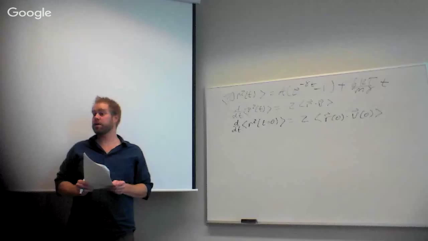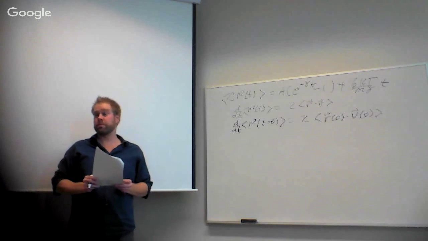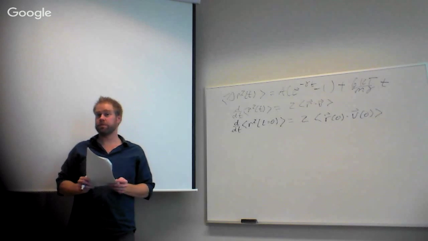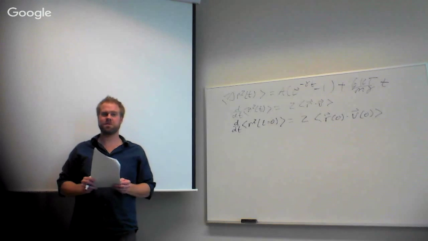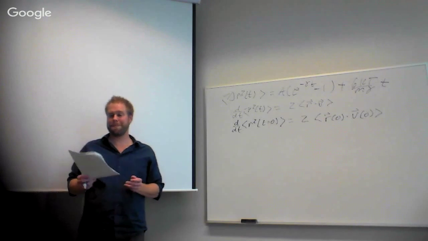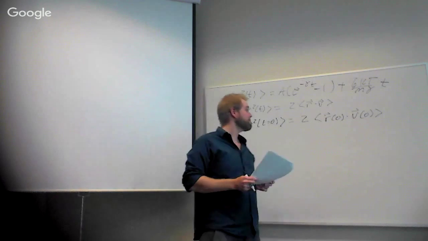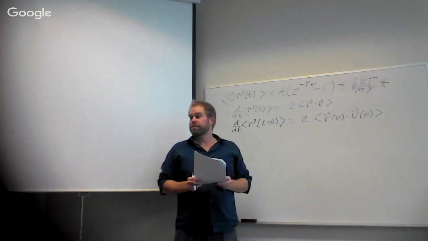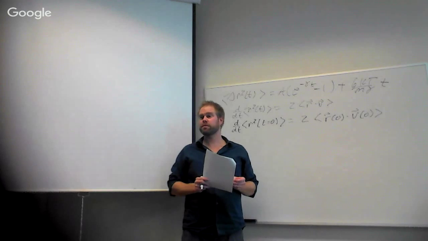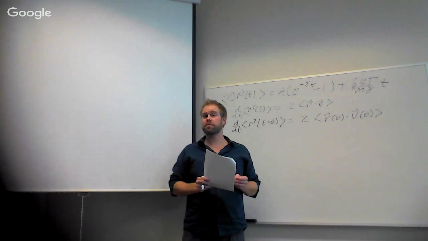Because the position at 0 is 0. Yep, for sure. But even if that weren't true, what can we say about this expectation? Well, then you just say the average of r dot v is going to be 0.